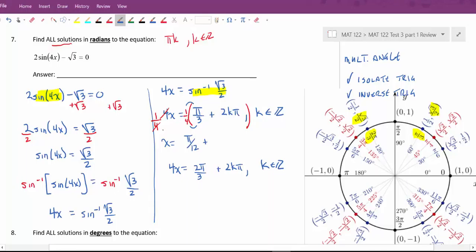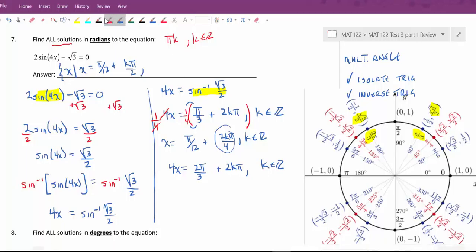Then you do the 1/4 times 2 pi, so that's going to be 2 pi k over 4, which reduces down. So we can say the set of x such that x is equal to pi over 12 plus k pi over 2, and that'll give us the first answer.